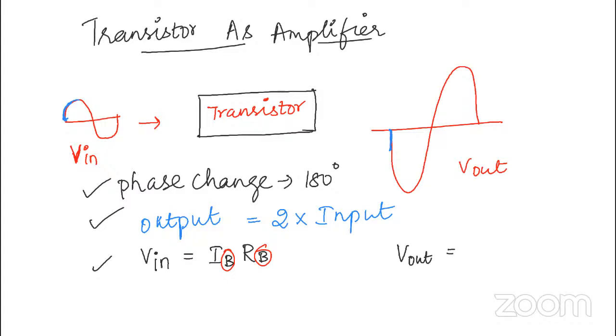So let us now try to answer the equation for V output. என்ன வரும் சொல்லுங்க பார்க்கலாம். Yes, it is IC into RC, okay. அவ்வளவுதான், it is IC into RC. ஏன்னா V is equal to I into R அப்படின்றது நமக்கு தெரியும், okay.